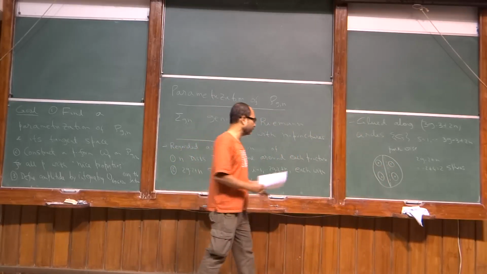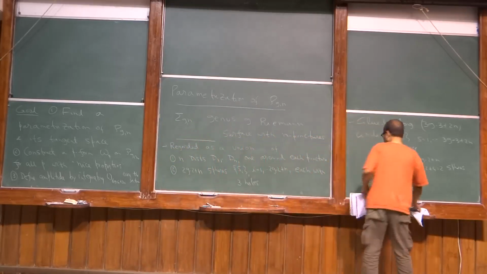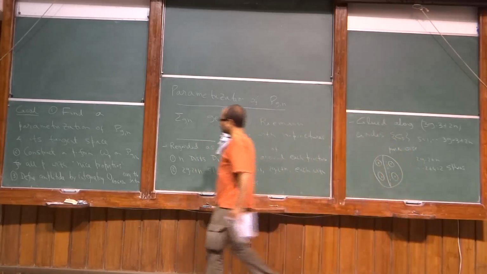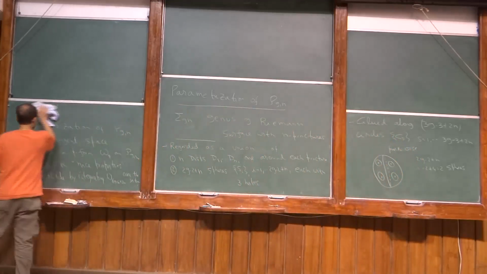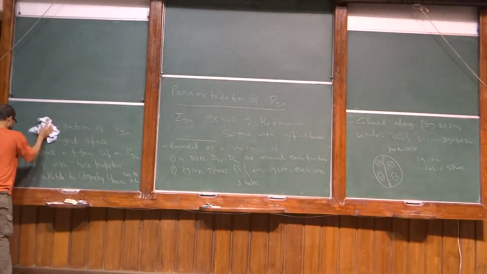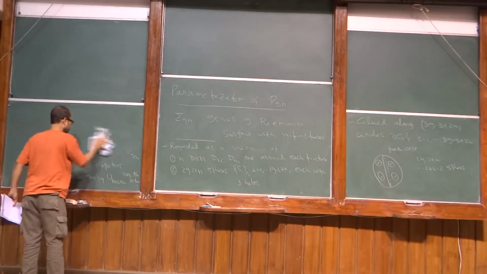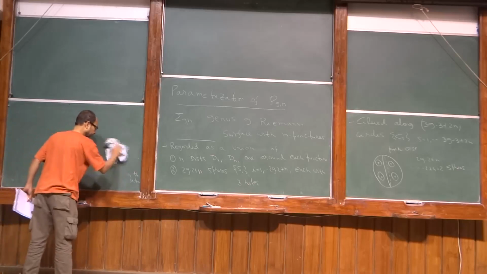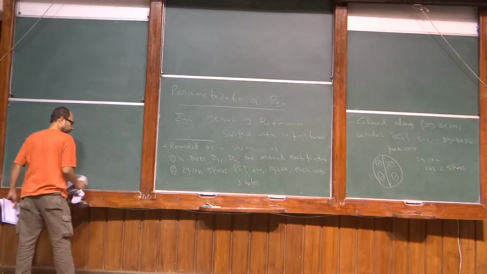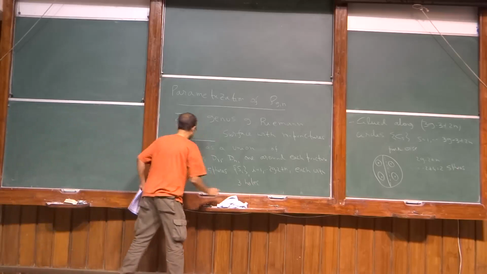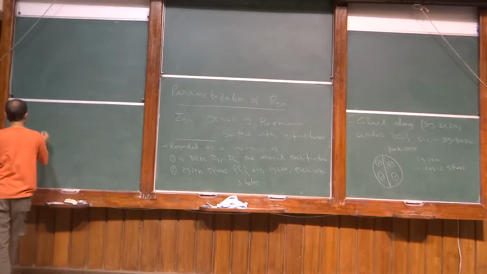Okay, now let me do a little more complicated example. Say a genus 2 surface with 3 punctures.